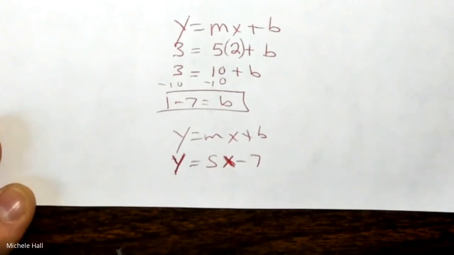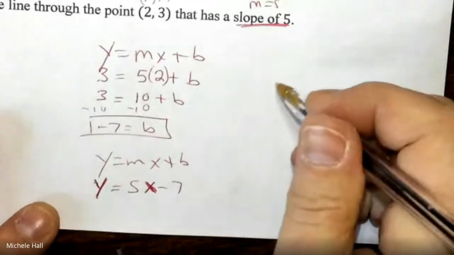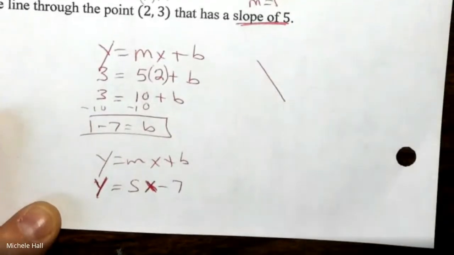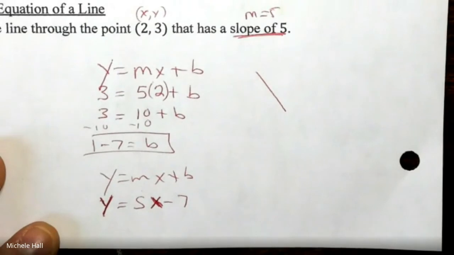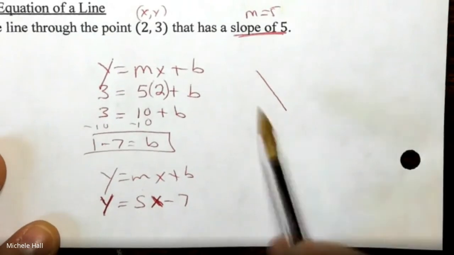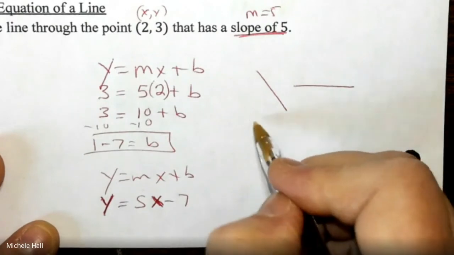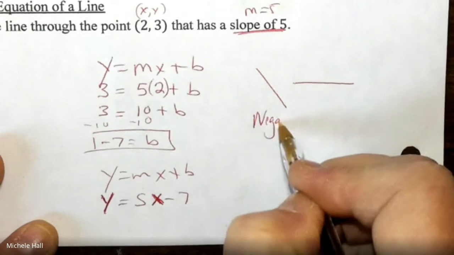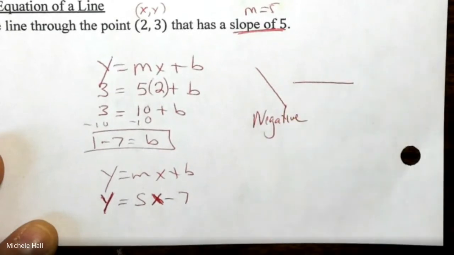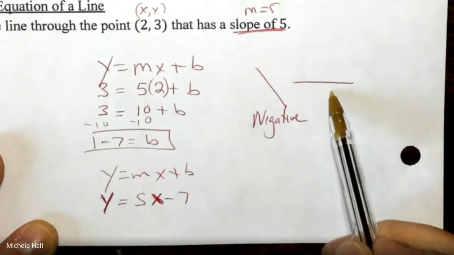But slanted lines, I have a question for you. Is this positive, negative, 0, or undefined slope? It's going down. Can I walk on that?